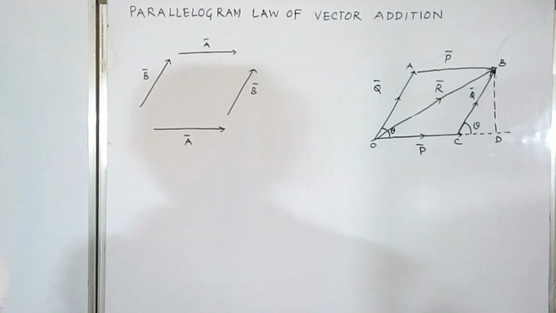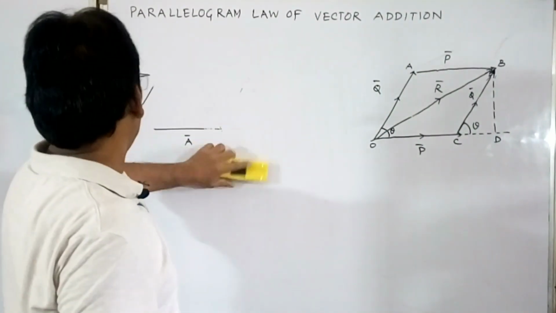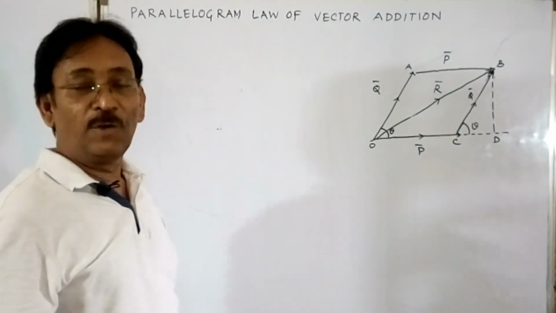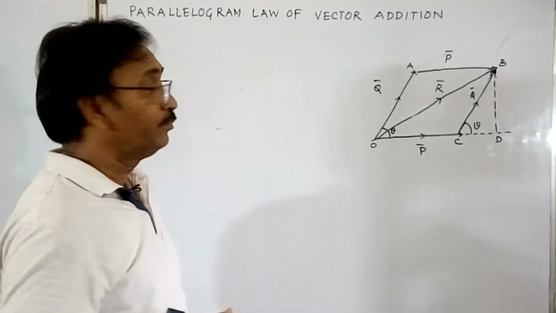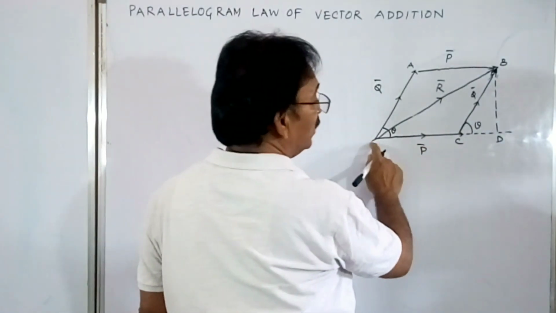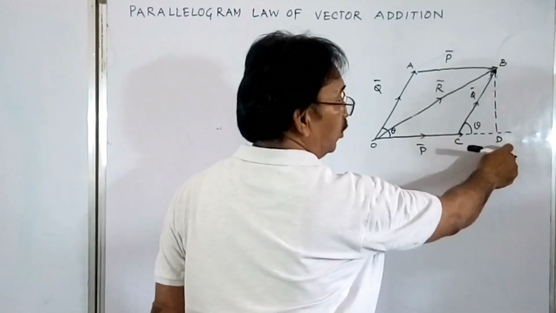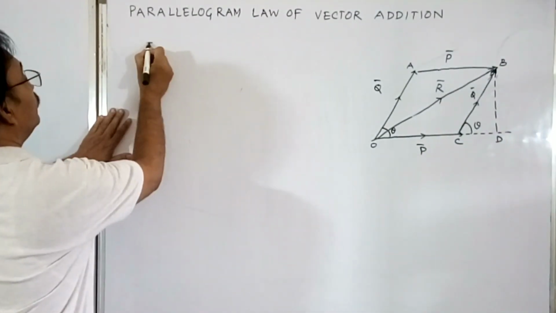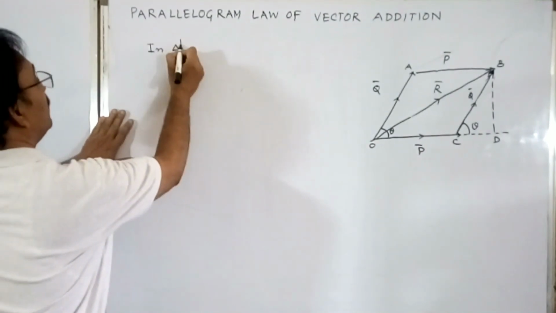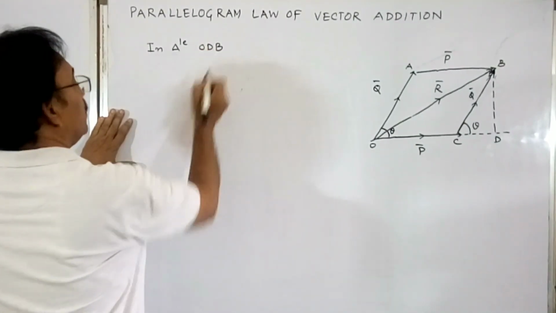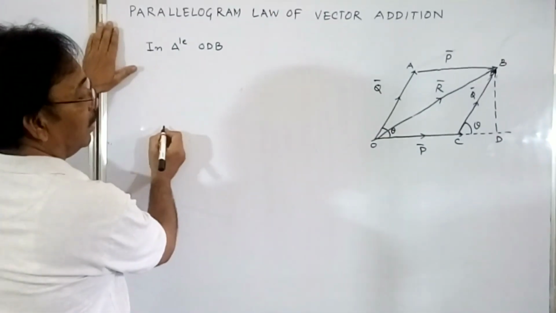If you watch it carefully, you will get a right angle triangle there, that is OBD. And you know that according to the Pythagoras principle, the square of the hypotenuse must be equal to the square of the adjacent plus the square of the opposite. I am using the same here. In triangle ODB, according to the Pythagoras principle, what I have to write?